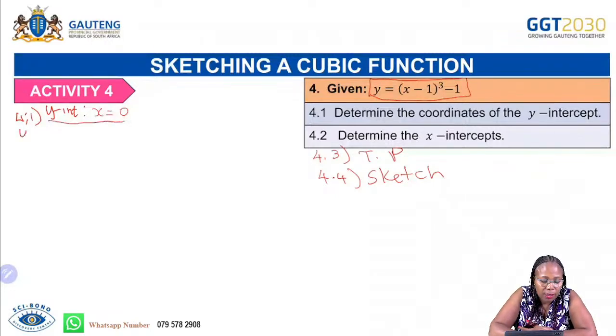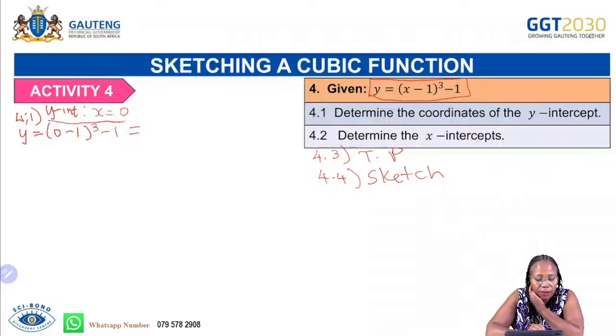Then we let x equal to 0, y will be equal to (0 minus 1) cubed minus 1. Into your calculator, this gives you an answer of minus 2. In coordinate form, x is 0 and y is minus 2. That is your y-intercept, grade 12.